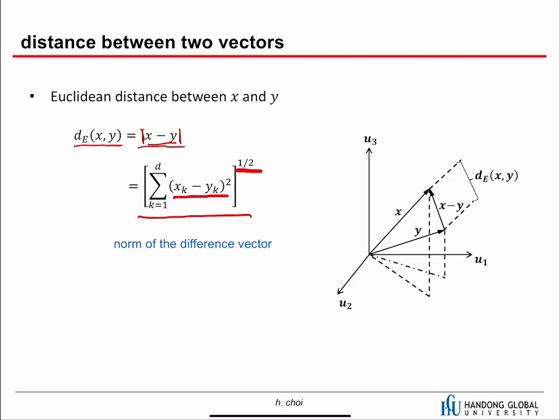In this vector space, this one is x and this one is y, and this is x minus y. X minus y has a direction, so y minus x is the opposite. The length of this one is the distance between x and y. So from now on, whenever we talk about vectors, you have to think about the vector space. Vectors are in vector space. When we talk about data samples, data samples are vectors.